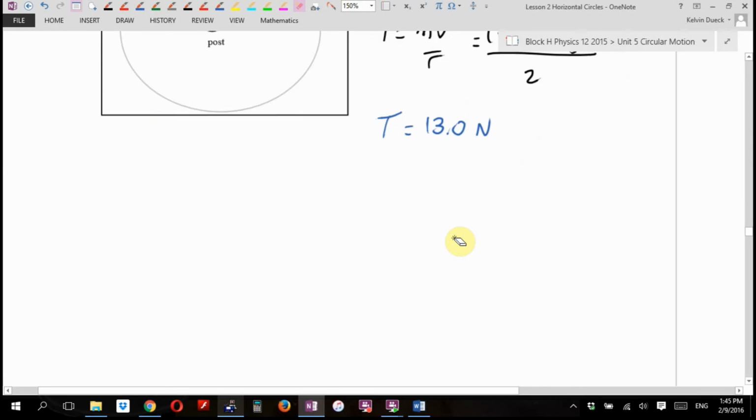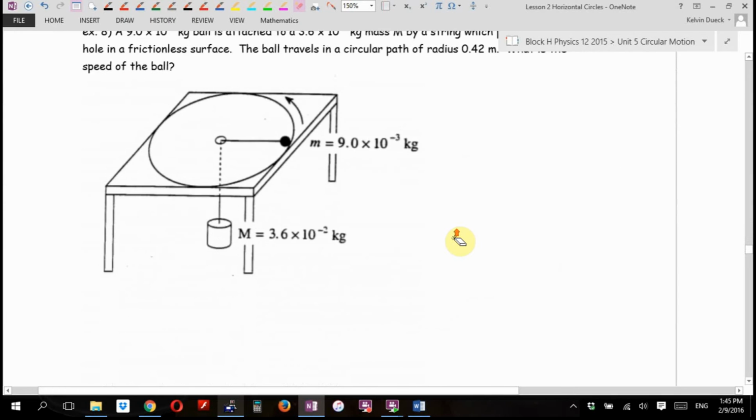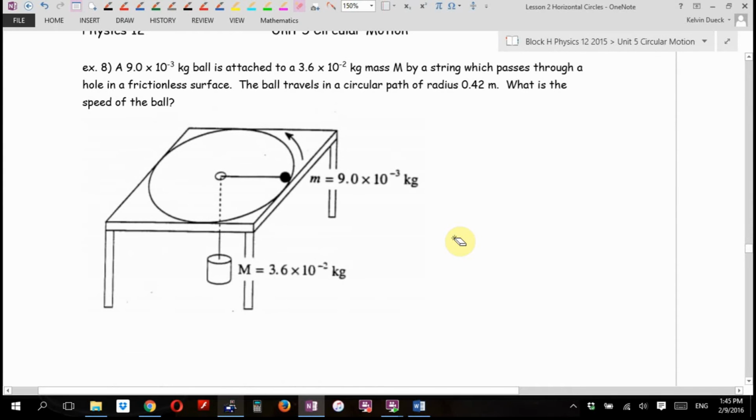Example 8. A ball is attached to a mass, big M, by a string which passes through a hole in a frictionless surface. Hey, no friction, I like that. The ball travels in a circular path.